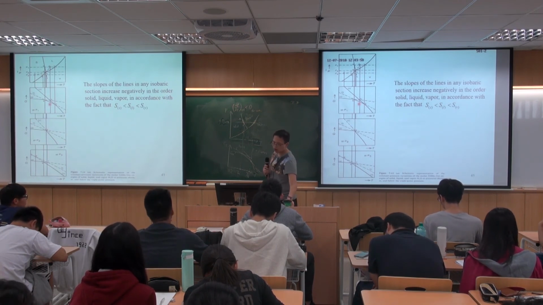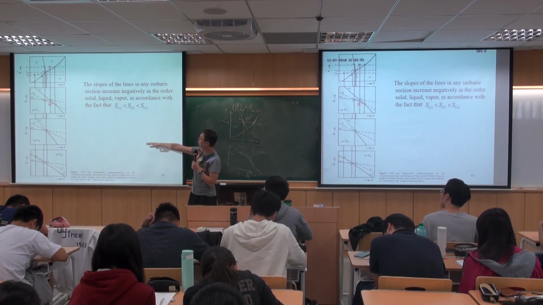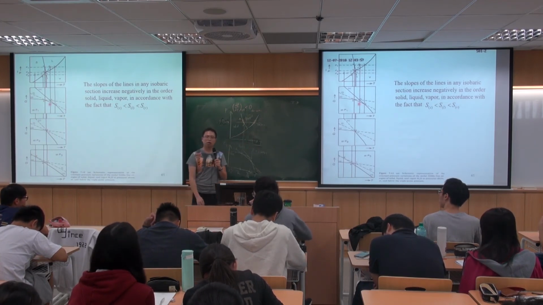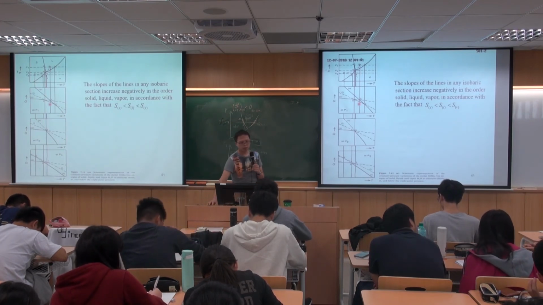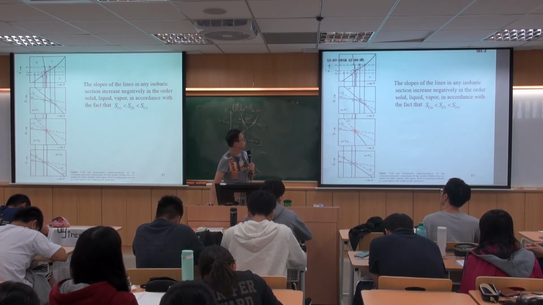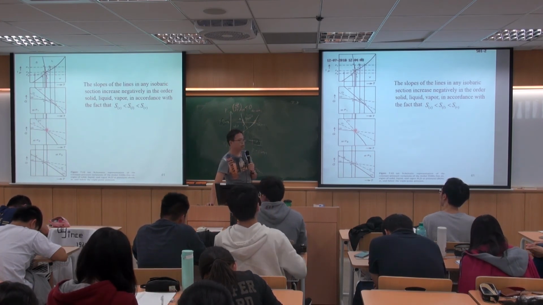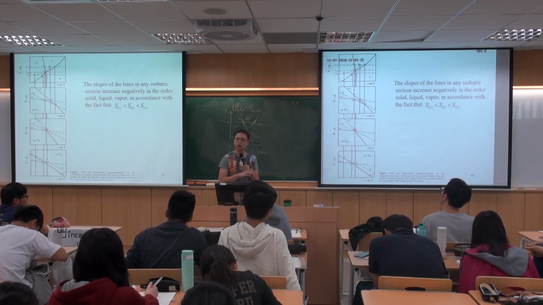And of course, at a triple point, you'll see a different condition, that all three lines converge onto the same point. They intersect onto the same point. That's the only case when you have three lines crossing each other.